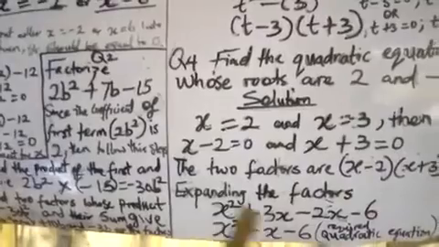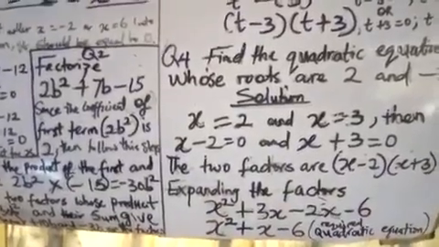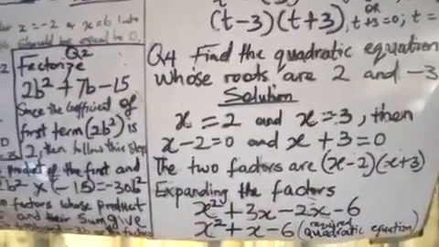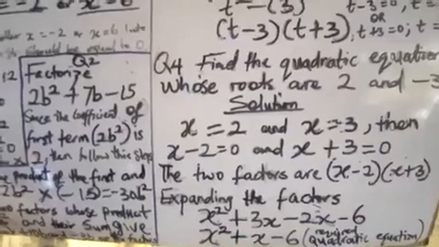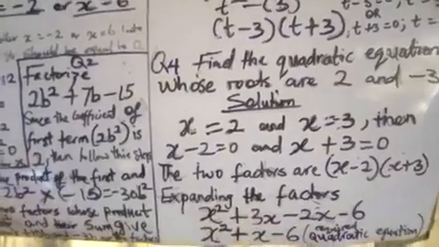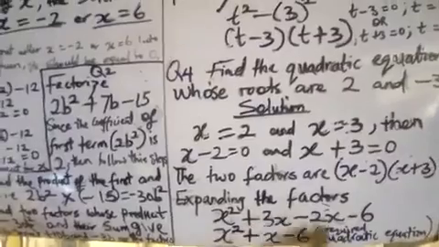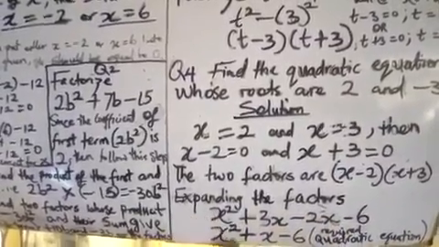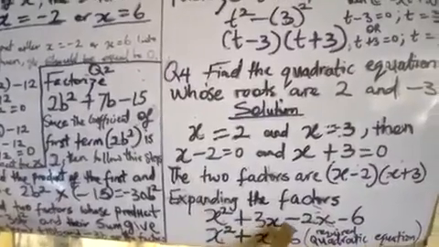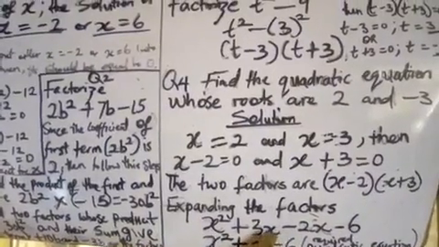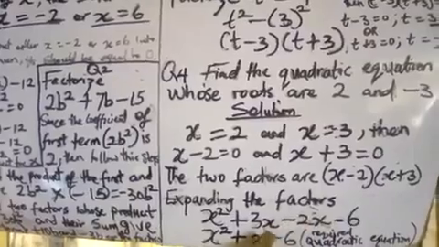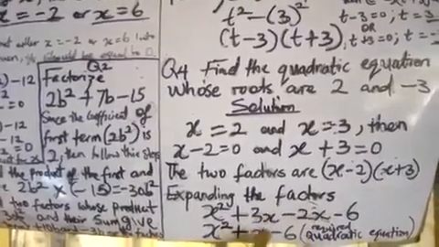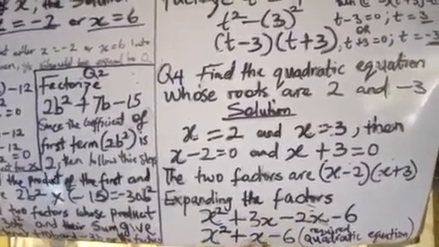Can you see? You have done the basis of expanding. So you have expanded the factors. But that's not the end. You have to consider simplifying it. This is 3x, minus 2x. So x squared plus 3x minus 2x, you are subtracting, so you have just 1x.